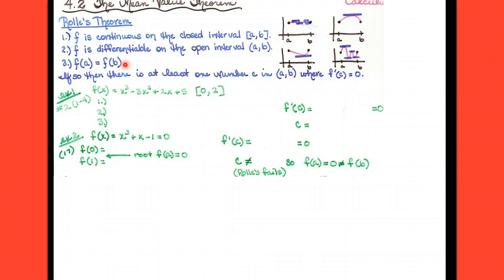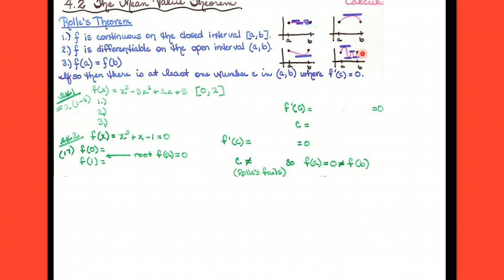Now, let's think about all of the different ways that we could draw that out. If f(a) has to equal f(b), the y values have to be the same. So basically, I'm starting and stopping at the same height. The only way that I could connect those with a smooth, continuous, differentiable curve is if I drew a straight line, or maybe I had something that had a relative maximum or a relative minimum, or maybe it had multiple maximums and minimums.